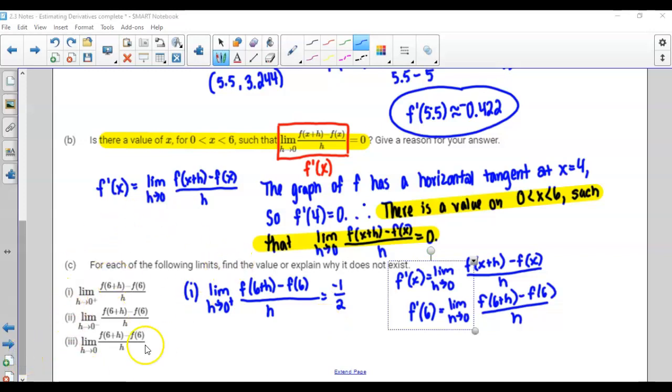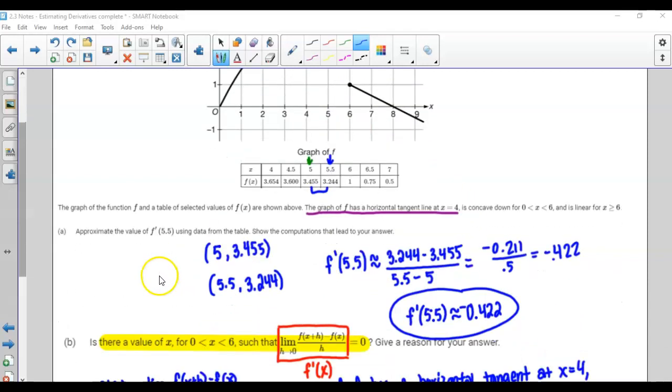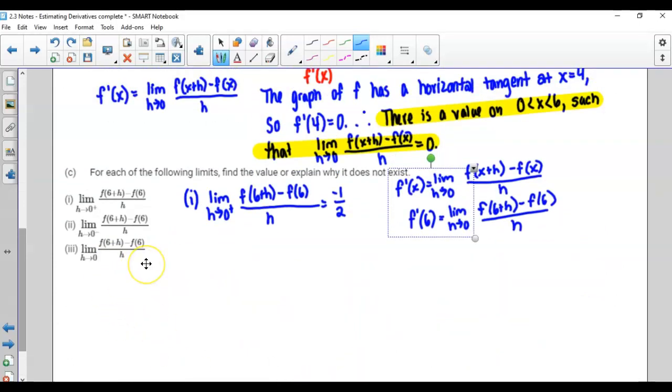Okay, so they gave us the easiest part first. This is the easiest part because we have that nice straight line. For the second part, we're looking at our derivative from the left, and we can see that here we have this open circle, and this is probably not going to work out as easily.